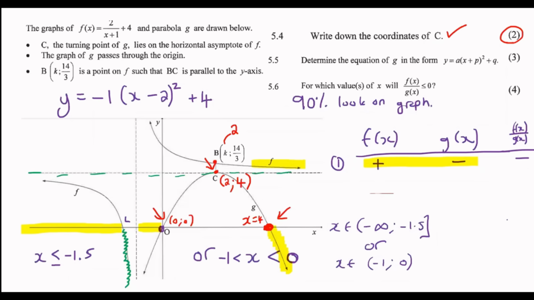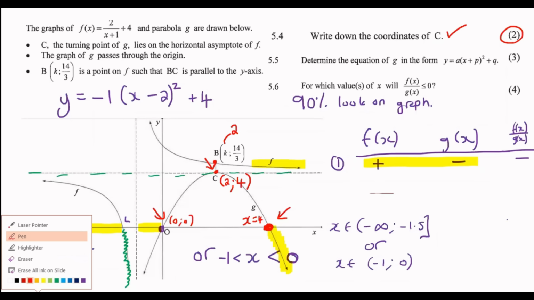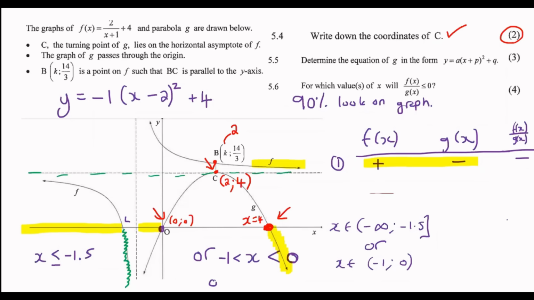So we can also say that there is a third little area where x is anything bigger than 4. But you're not allowed to include the 4, because at the point where x is 4, the graph of g is 0, and that is at the bottom. So you can't include it, because then you would have an undefined. So you must say x is bigger than 4.